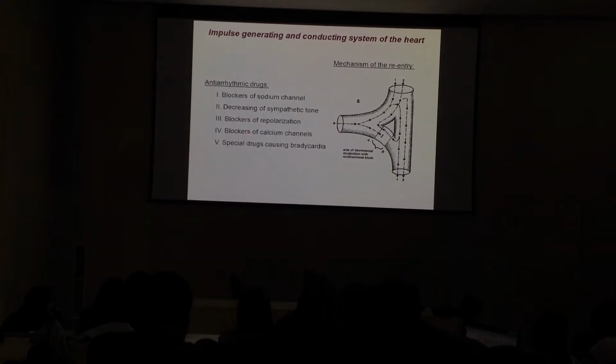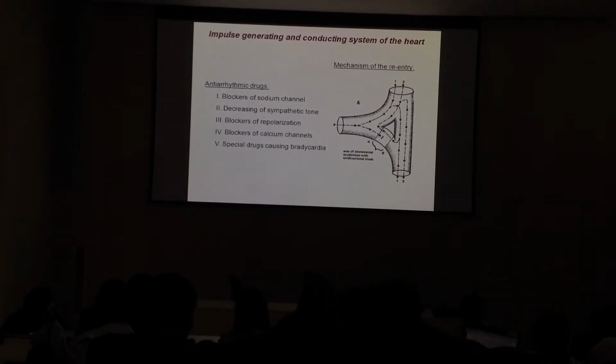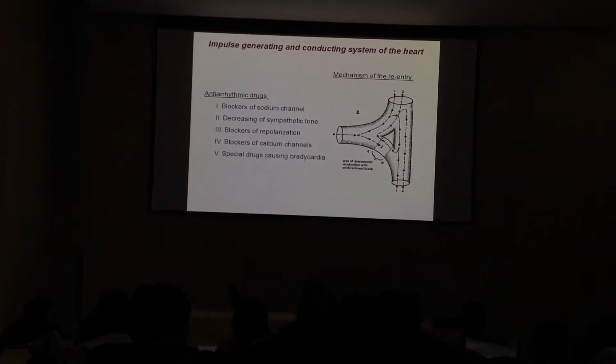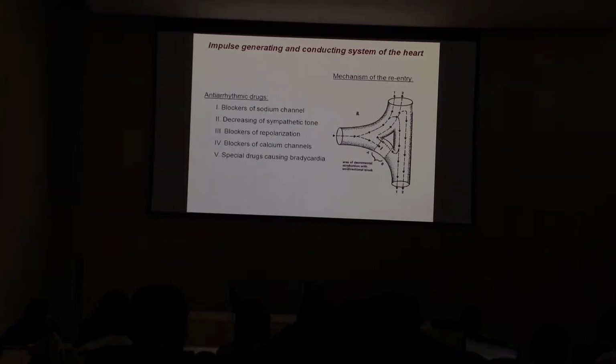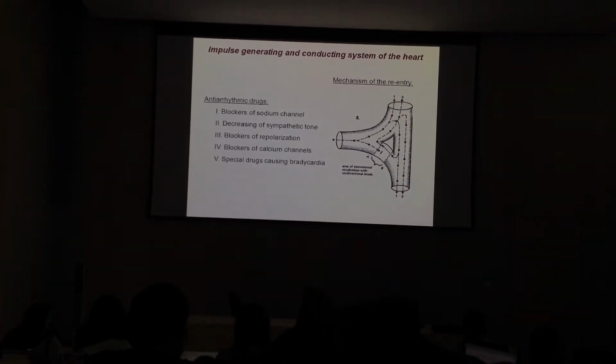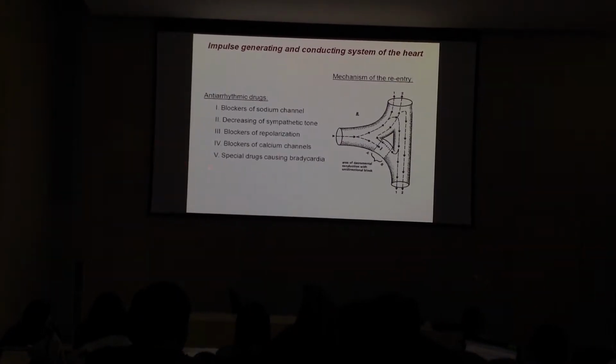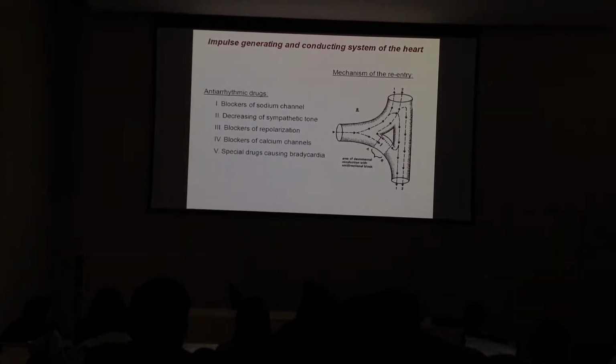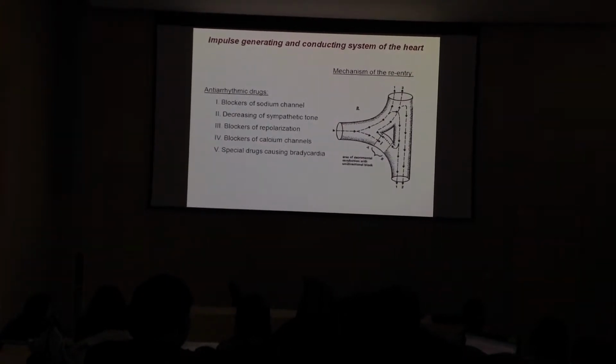There are drugs which are able to block the calcium channels also, the voltage-dependent calcium channels. Therefore, for example, the pacemaker activity would be smaller, slower. And finally, there are special drugs which can decrease the heart rate, can cause bradycardia.